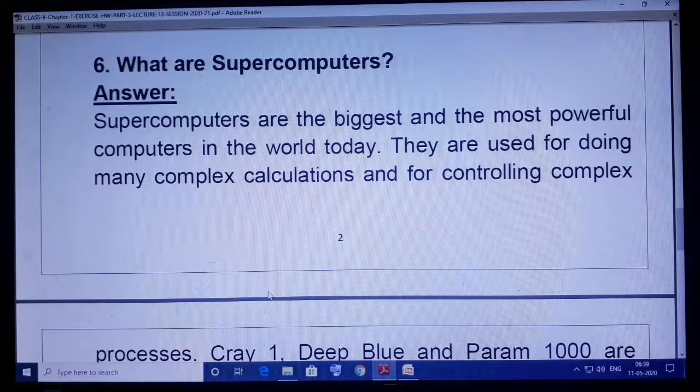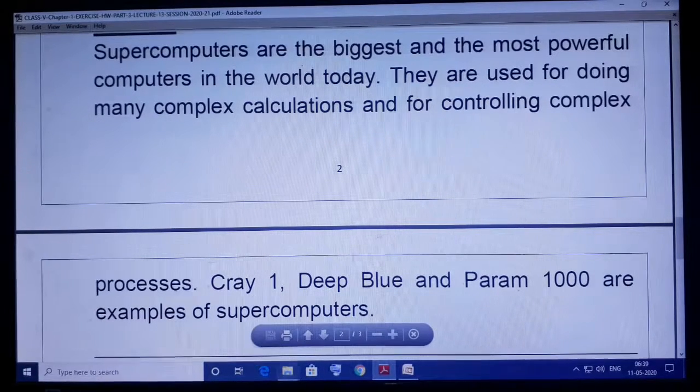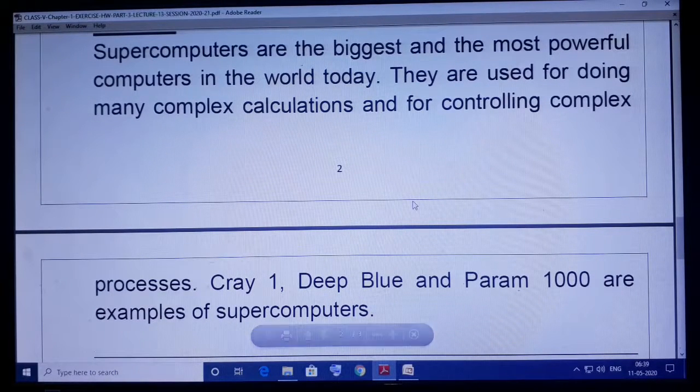So these are types of complex calculations. Now come to examples of supercomputers: Cray 1, Deep Blue and Param 1000 are examples of supercomputers. So now we have examples of supercomputers.